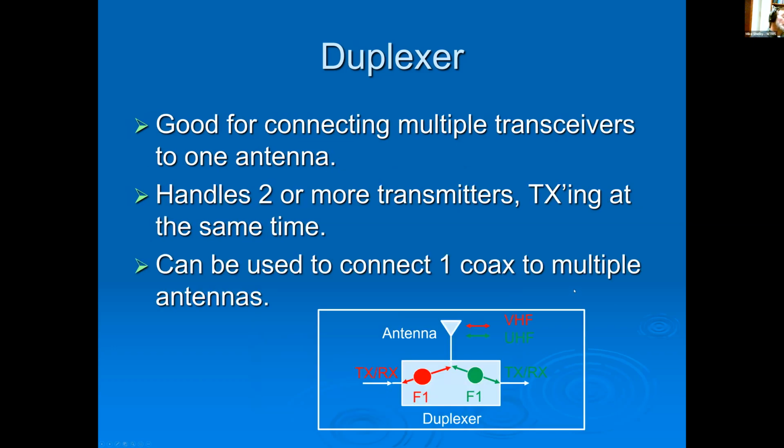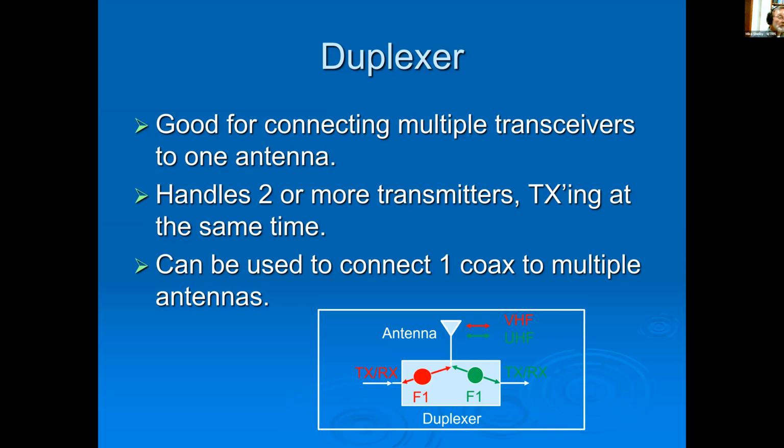Duplexer. So we know that there are different kinds of duplexers out there, and in this last discussion, I'm not going to be talking about the ones that we use at the repeater level because quite frankly, that's way out of my pocketbook range. Good for connecting multiple transceivers to one antenna. Handles two or more transmitters transmitting at the same time.